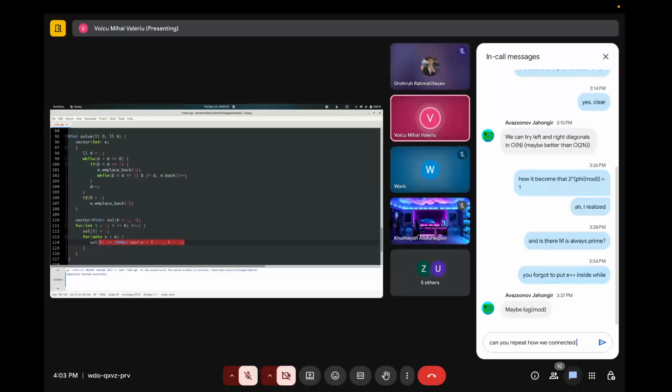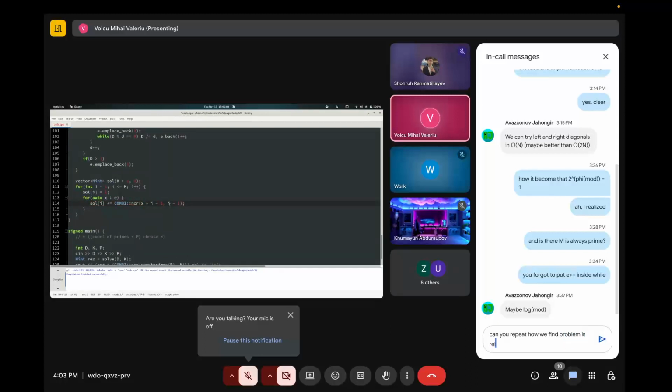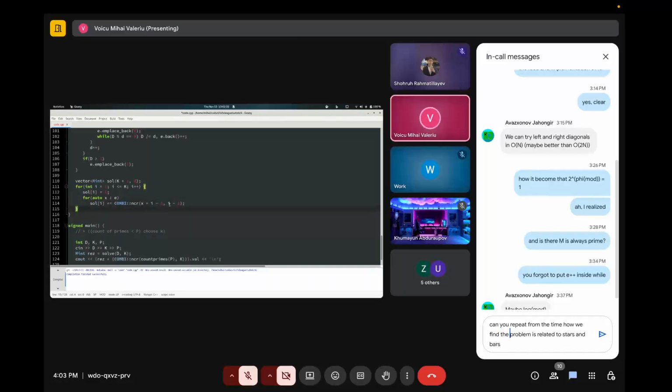Remind that we are now trying to calculate the number of solutions, regardless of flows or not, with length equal to I. The reason for which we add I minus 1 is because, as I said in the original formula, we consider that we actually have a bit string of length X plus 1, for which the last bit is forcibly 1, and it delimits the last bucket that we have. Okay.